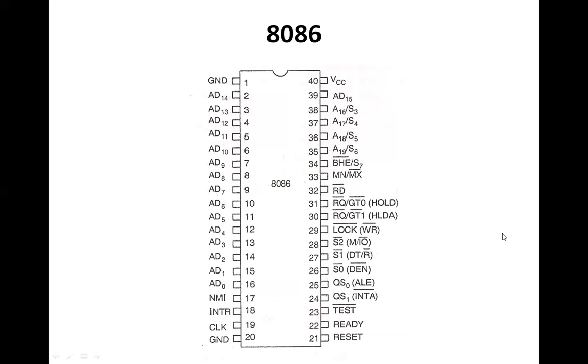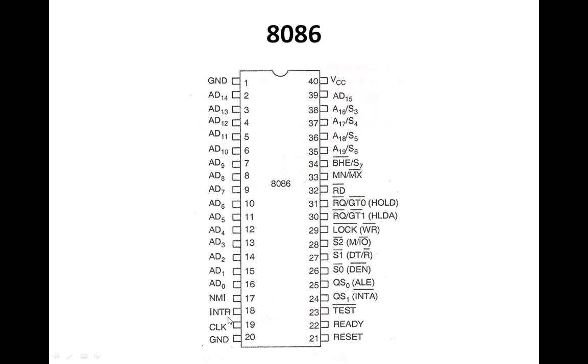So if the 8086 is ready to receive the data, for example, and the peripheral devices are not ready to give the data at the same time, then the device puts the 8086 into a wait state by putting the ready signal low. And when the information is available to transfer from the external device to the 8086, it puts the ready signal at the level of 1.